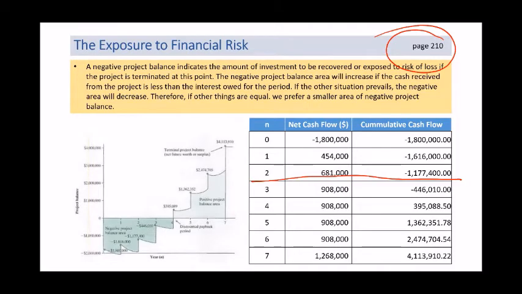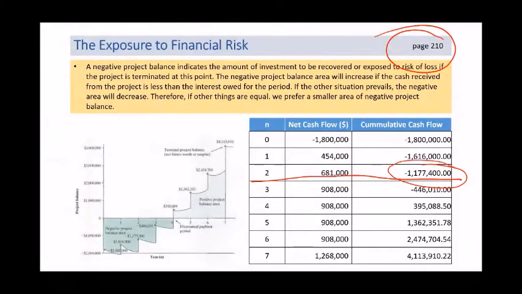If something happens to the project at year 2 and the balance is still negative, that means we have not yet recovered our investment, but instead we are going to pay such amount if something happened to the project and it stopped. So that is the risk. While the balance is still negative, there is risk. That is a financial risk.